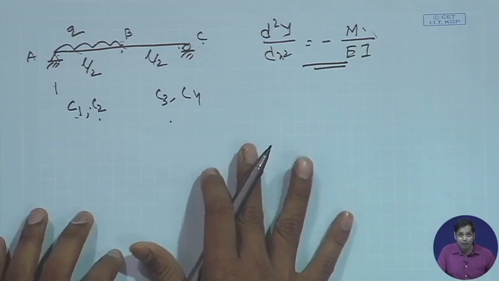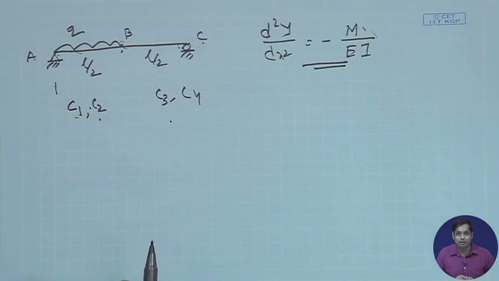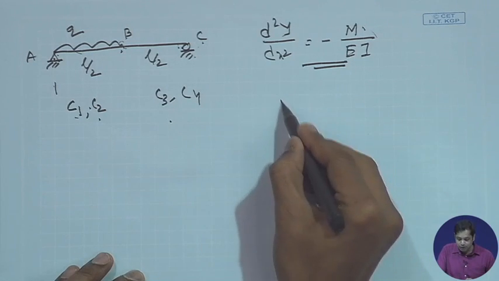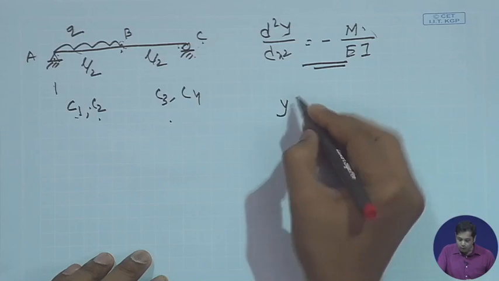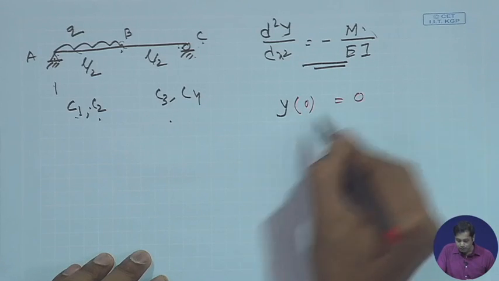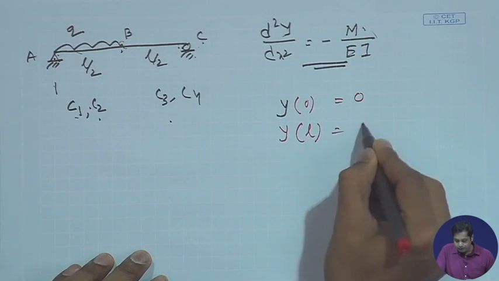So in the problem we have a total of 4 constants, and let's see how many boundary conditions we have. The very straightforward ones: at this point the deflection is 0, and at that point the deflection is 0. So y at x = 0 is 0, and y at x = L is 0.